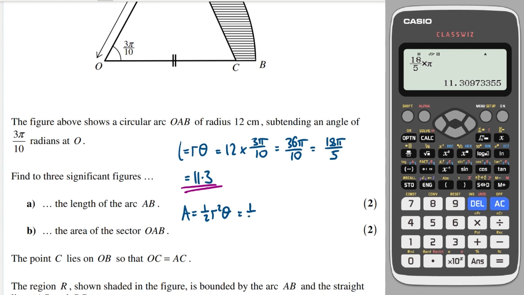So this will be a half times 12 squared times 3 pi over 10. And I'll just put that straight in my calculator. So that's 0.5 times 12 squared times 3 pi over 10. And to 3 significant figures, that is 67.9. Great. Of course, this is centimeters and this is centimeters squared.